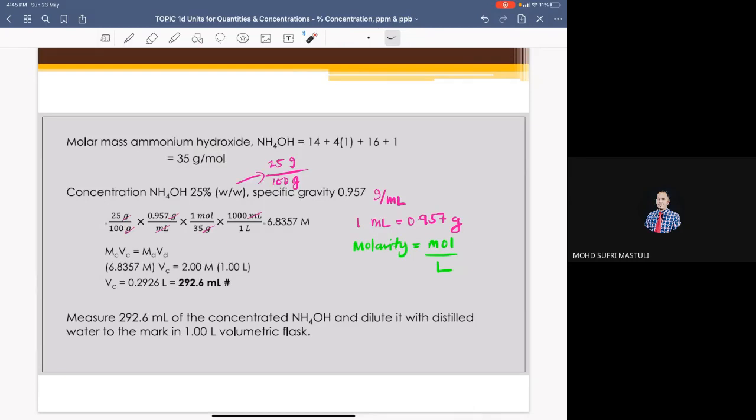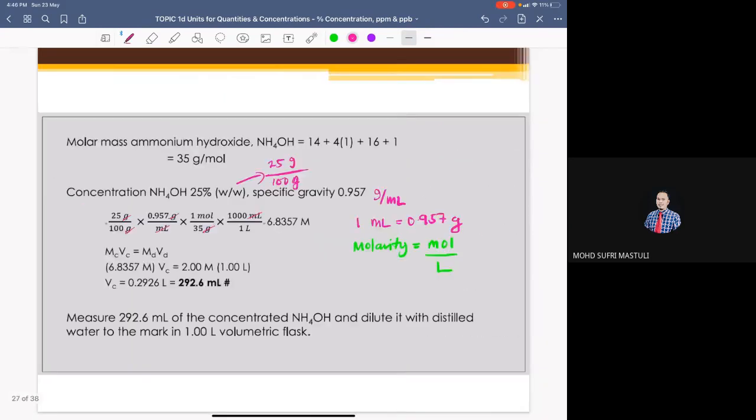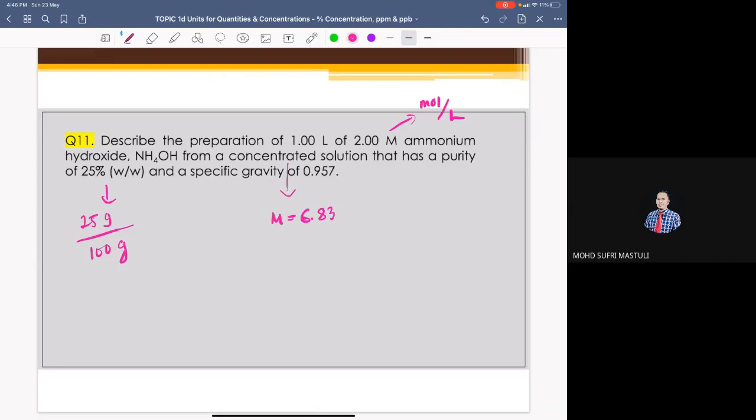So now we want to prepare 1 liter of 2 molarity of ammonium hydroxide from concentrated solution. So the concentrated solution that we calculated just now, what is the molarity? It is 6.8357 mole per liter. So we need to calculate what is the volume needed.